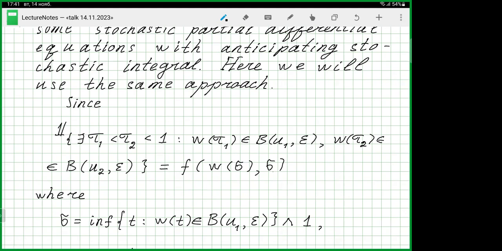So let us start with these two times and then introduce such a function.